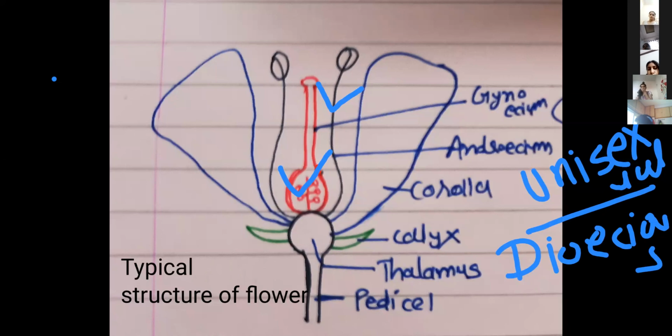So remember, when a flower has both the whorls, androecium and gynoecium, we call it a bisexual or monoecious flower. But some flowers have only androecium, so we call them male flowers. Other flowers have only gynoecium, so we call them female flowers, right? So if single sexes are present in each flower, we call it unisexual or dioecious. The two sexes are separated.